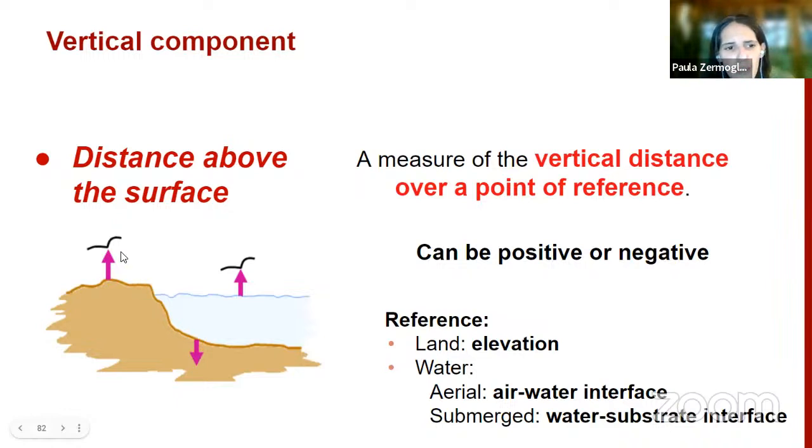So distance above the surface can be positive if it's up from our point of reference, or negative. And the references will vary depending on the context. So we can have land, or we can have water, and we can have aerial, air-water, or submerged references, water-substrate interfaces.